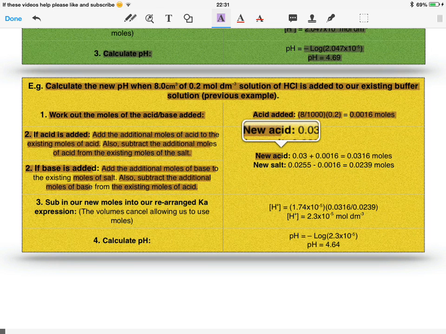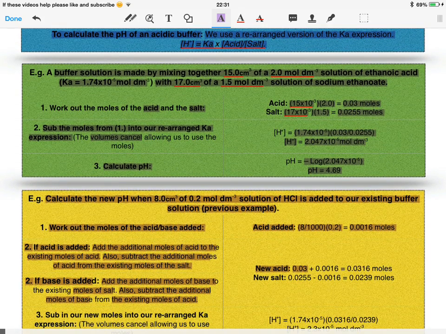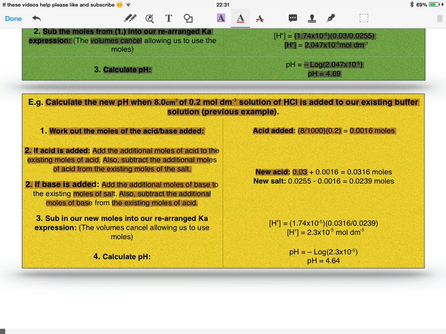The new acid will be the 0.03, which was the initial moles from here, and then we add on our new moles of acid, 0.0016, which is from here, and this gives us a total of 0.0316 moles.